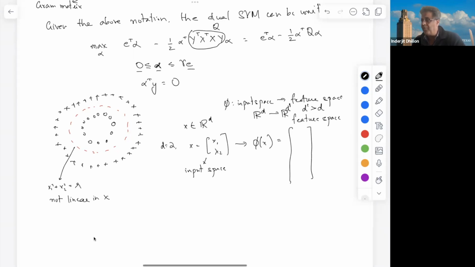And how will I do it? For example, I can construct a constant feature, square root 2 x1, square root 2 x2. These are the linear features, which are the same as before. And I can construct quadratic features. So what I've done is I've gone from 2D to 1, 2, 3, 4, 5, 6, so D' equals 6.